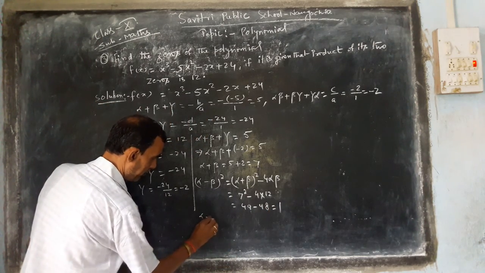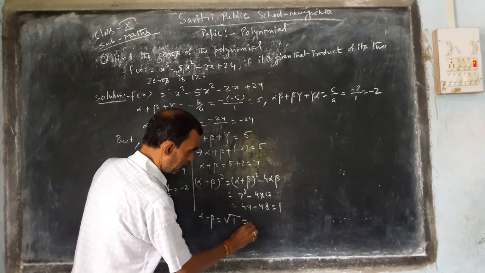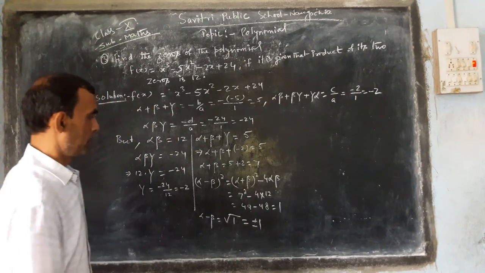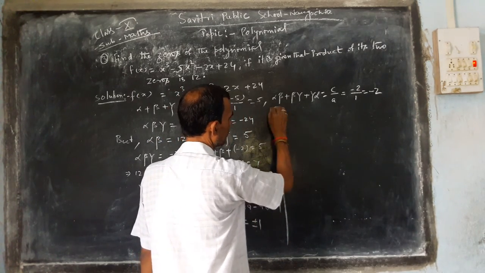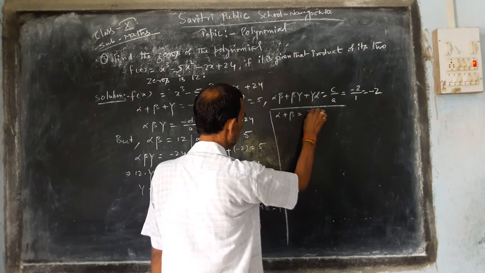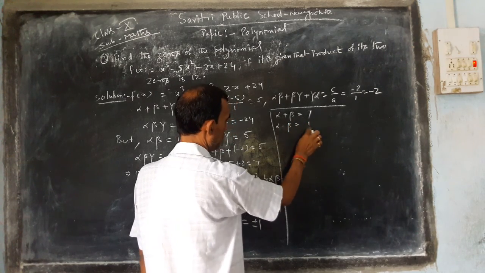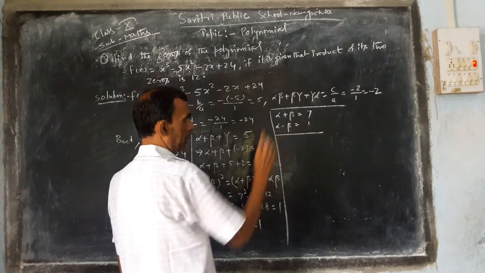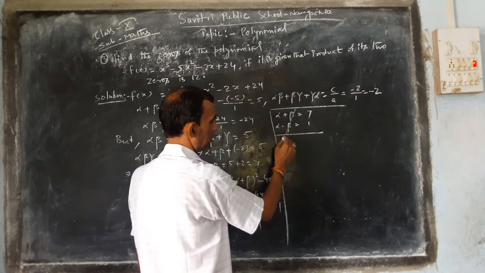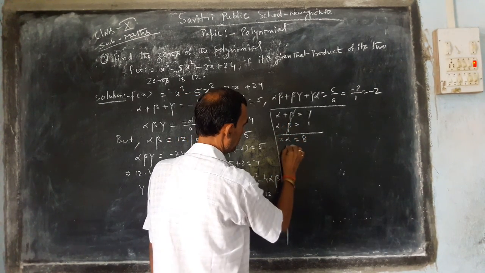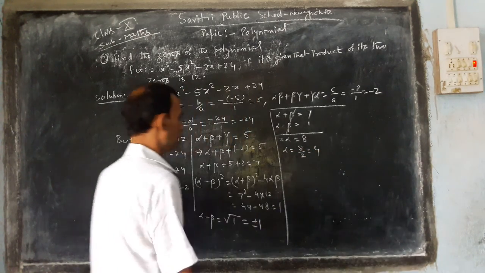So α − β = ±1. Taking α + β = 7 and α − β = 1, adding them, β cancels, 2α = 8, then α = 8/2 = 4.